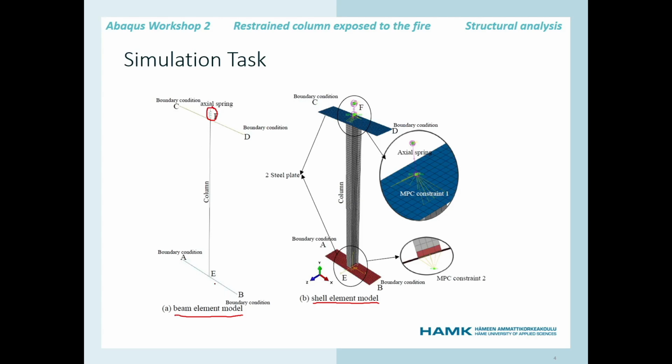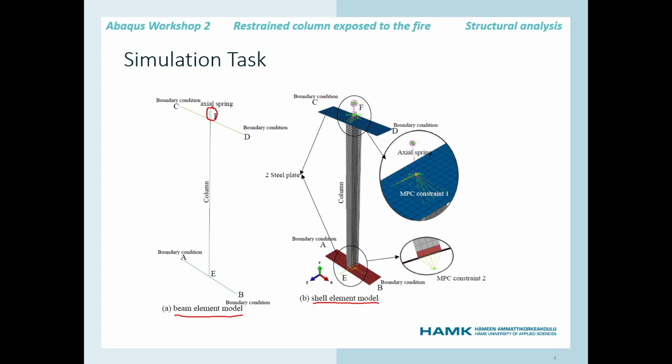Then we apply the boundary conditions at the end of the upper and lower plates, and also some boundary conditions in the connection between the column and the plate. So the first task is to create a beam model as shown in this figure, and the second task is to create the same model using a shell model.